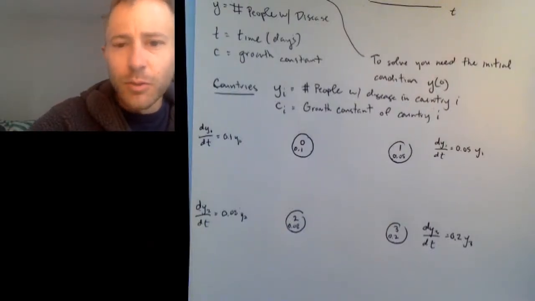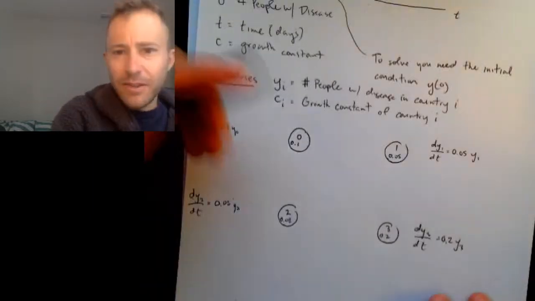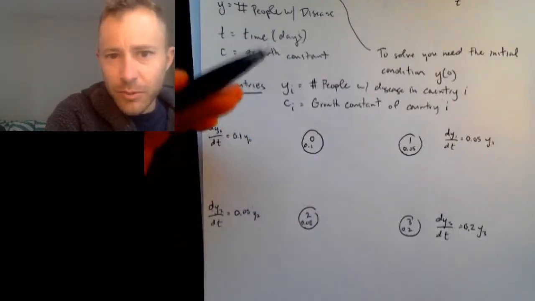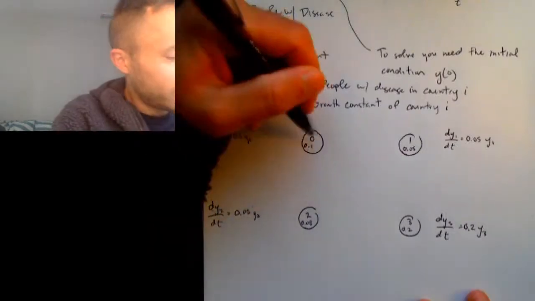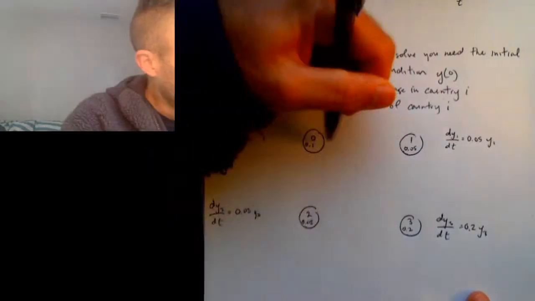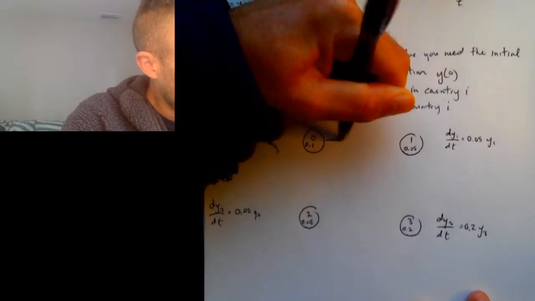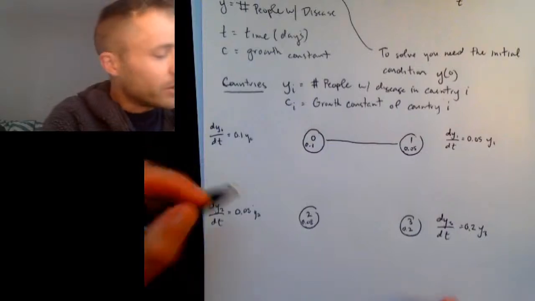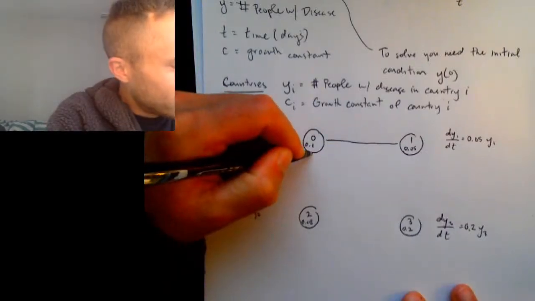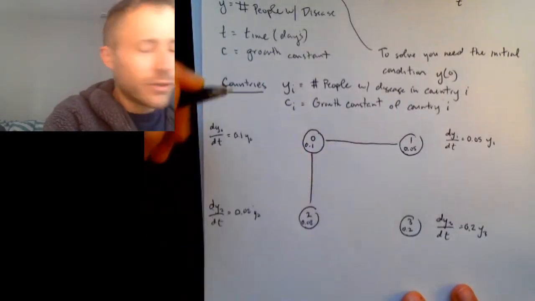Okay, so we're going to model the amount of connection between countries as a link in this. Okay, so we'll say that country 0 is connected to country 1. We're going to say country 0 is connected to country 2.